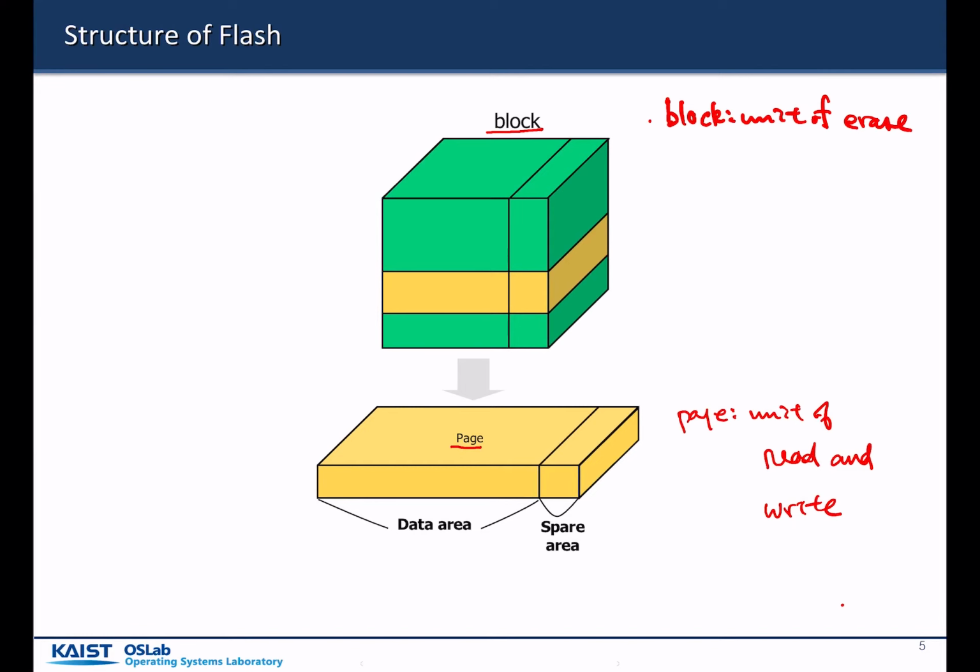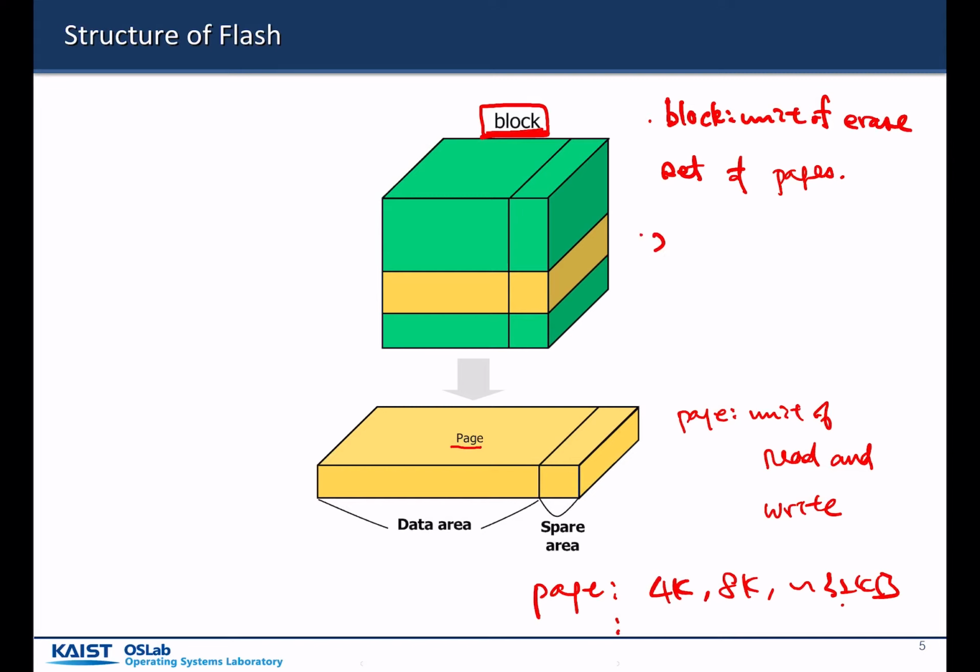As you can see, a block is a set of pages. Depending on the flash manufacturer, the page size ranges from 4 kilobytes to 8 kilobytes or 32 kilobytes, depending on the flash product. And the block size ranges from 2 megabytes to multiple megabytes.